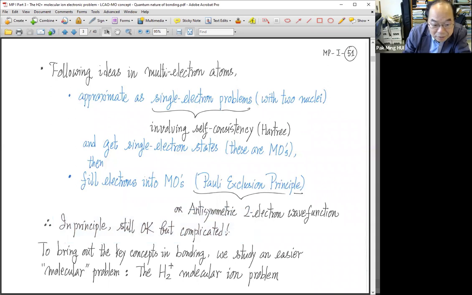What's next? Simplify the problem, right? We just want to focus on the basic idea of molecular physics now. So an easier problem turned out to be not quite a neutral molecule problem, but a molecular ion problem. This is the famous H2 plus problem.